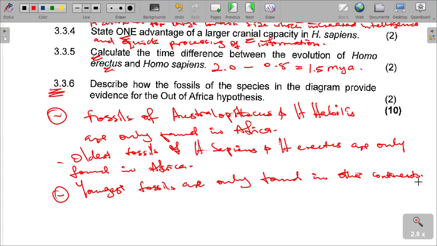That is also the explanation behind Out of Africa. Out of Africa is explained by this narrative.